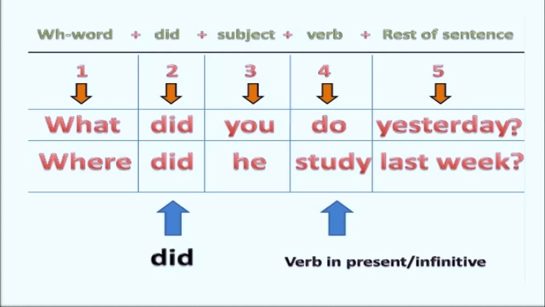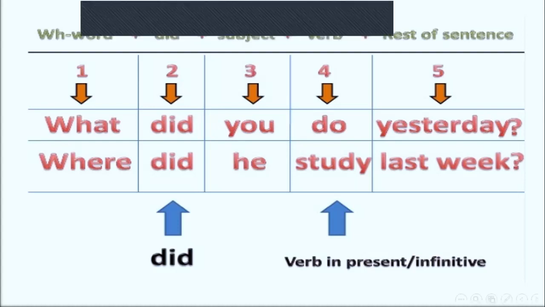Look here, my students. This question consists of WH word like what, where, when, how, plus auxiliary verb. Here the auxiliary verb must be did because here we make WH question in the past simple tense.